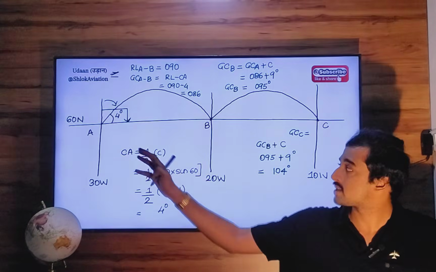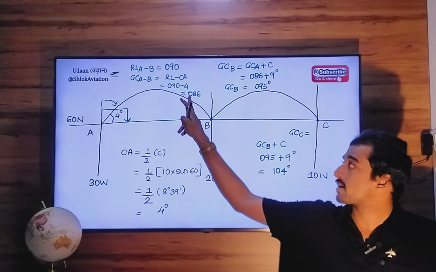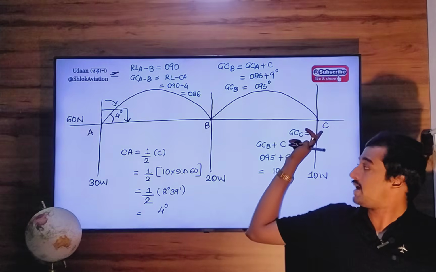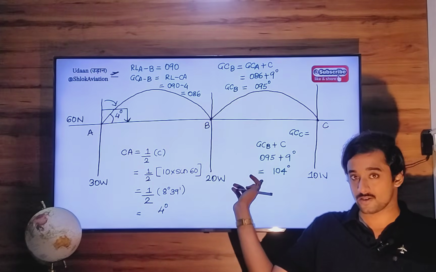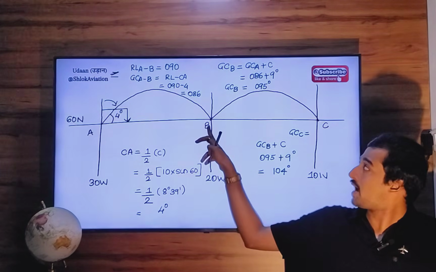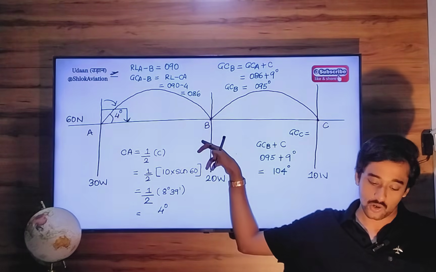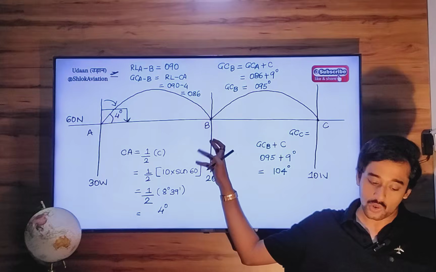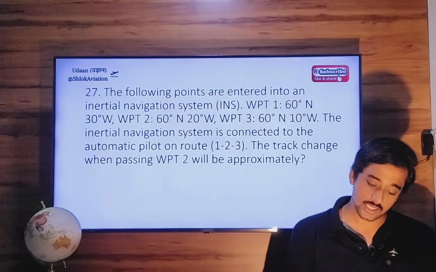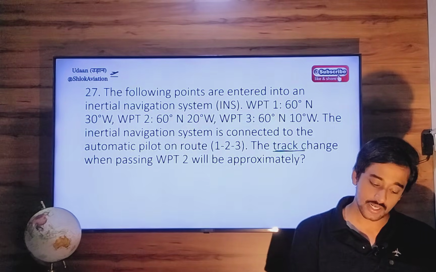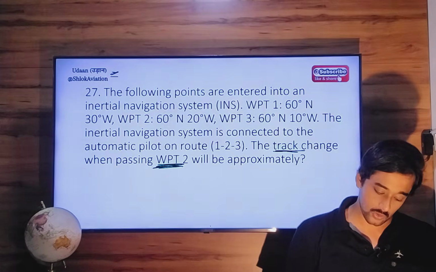So now pay attention. In the beginning great circle track was 086. In the end it has become 104. At Bravo it is 095. They have asked us to find the change in track when passing waypoint 2.